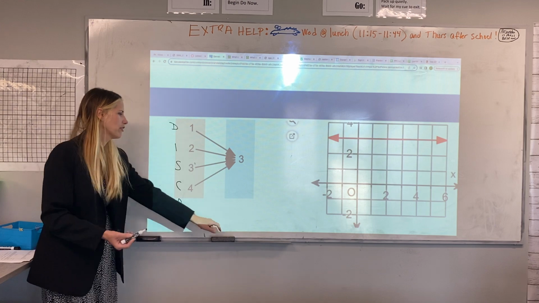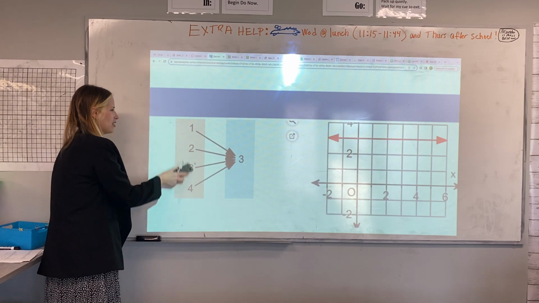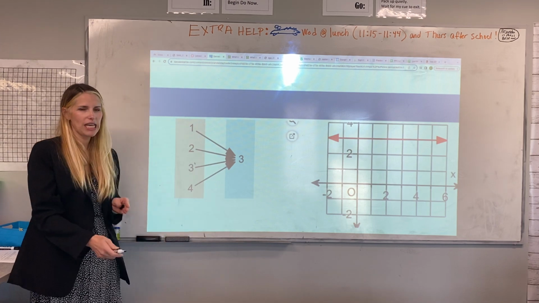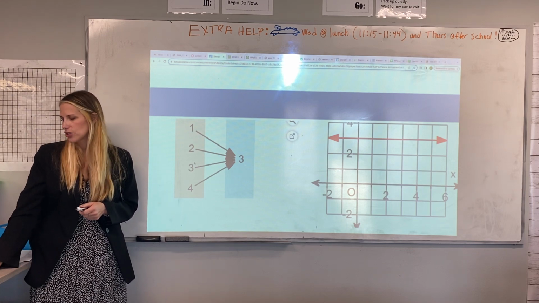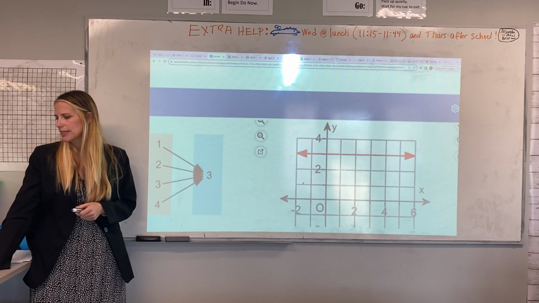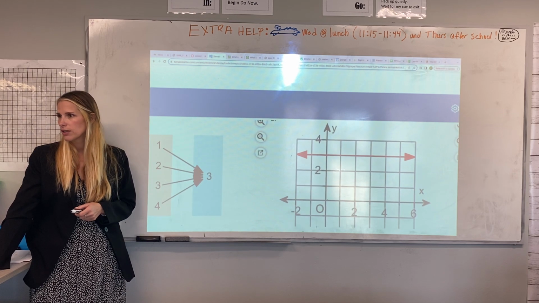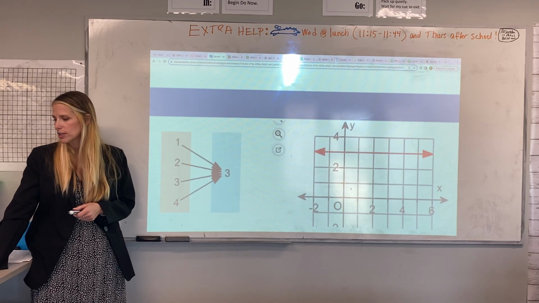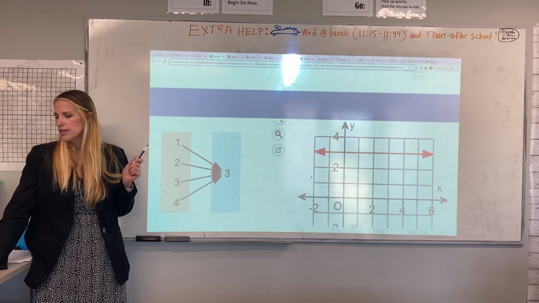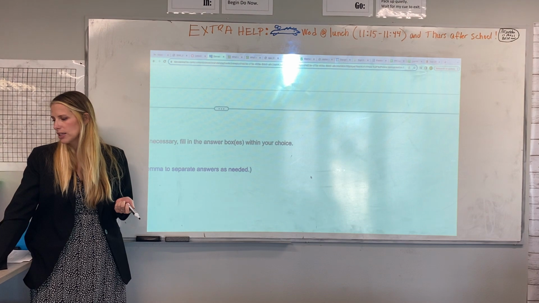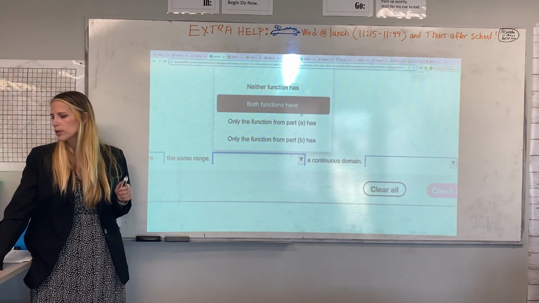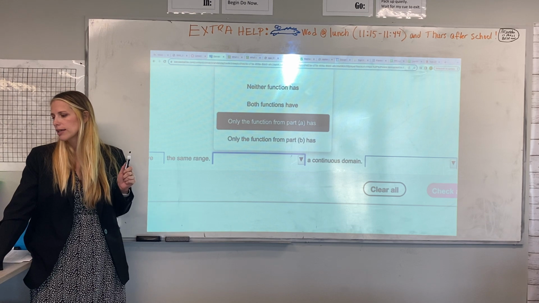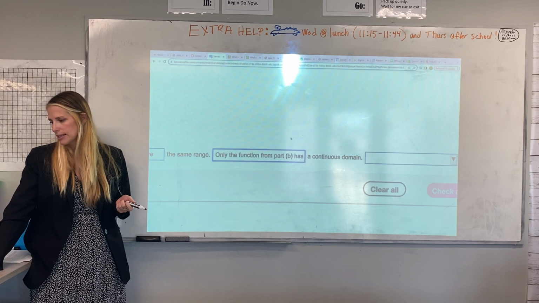Remember, if you can match up the letters of discrete to each individual interval without connecting them, then it's discrete. Is the domain continuous or discrete for this one? Continuous. It's continuous, it continues in both directions. So we've got not continuous and then continuous, so let's see how we can write that in as our answer choice. So only the function from part B has a continuous domain.